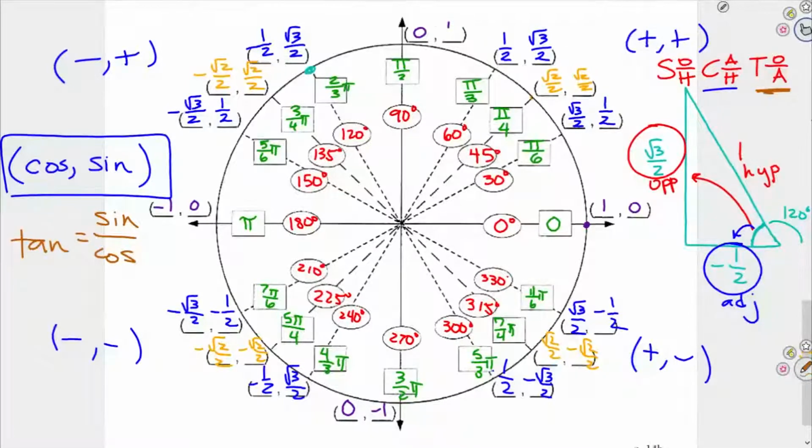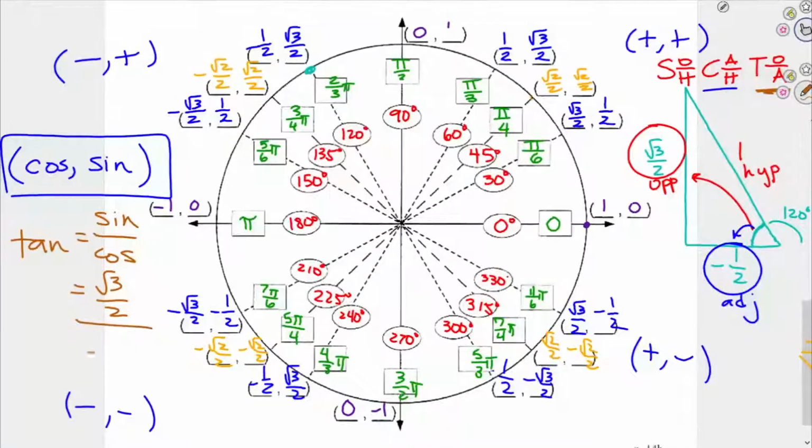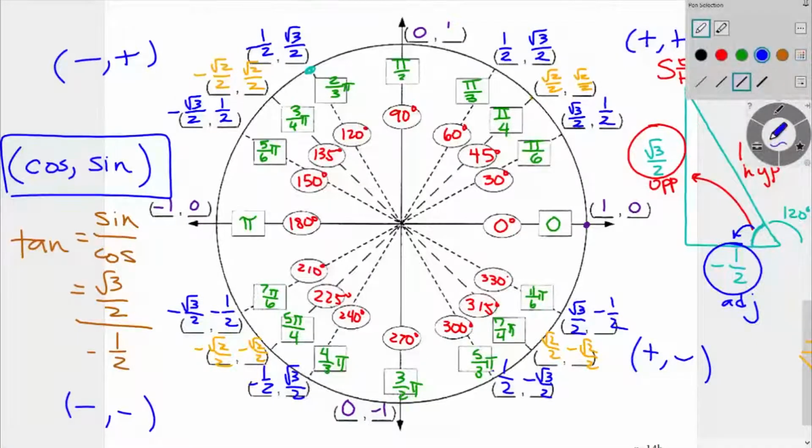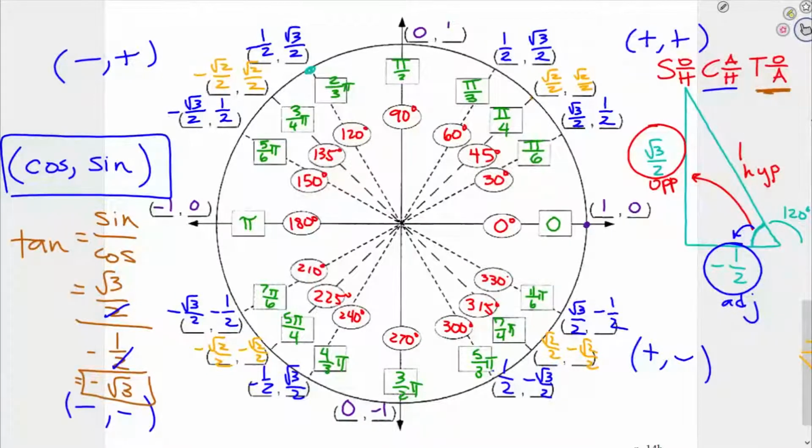I don't have space, so I'm going to do it over here. So I get √3/2 divided by -1/2. The 1/2s cancel conveniently. I have √3 over -1. I get -√3.